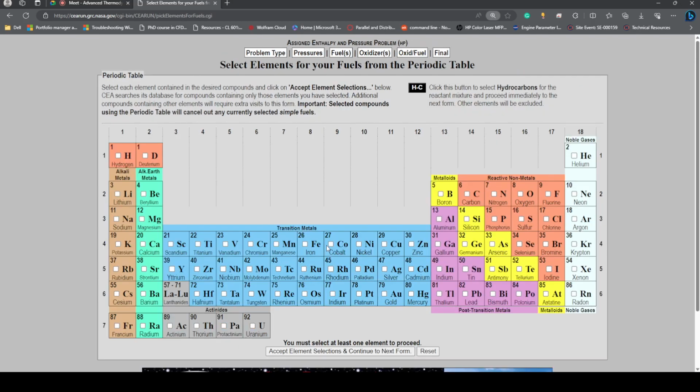You will see a periodic table here. Our MMH contains carbon, hydrogen, and nitrogen. You select these elements, select accept elements selections and continue.